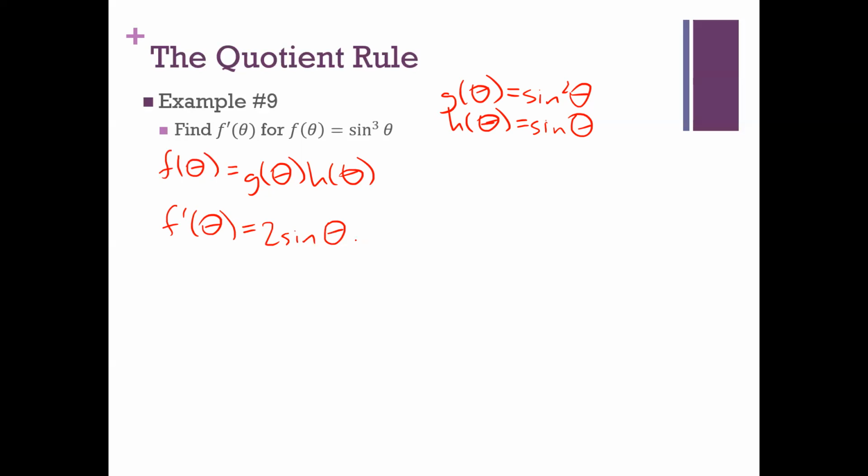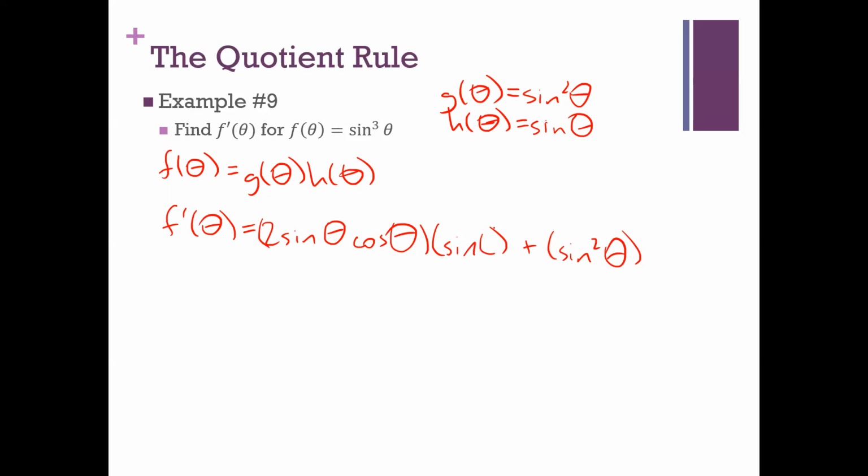So 2 sine theta cosine theta, right? Then what's the derivative of h? Cosine theta plus sine squared theta times the derivative of... oh, I messed up bad.